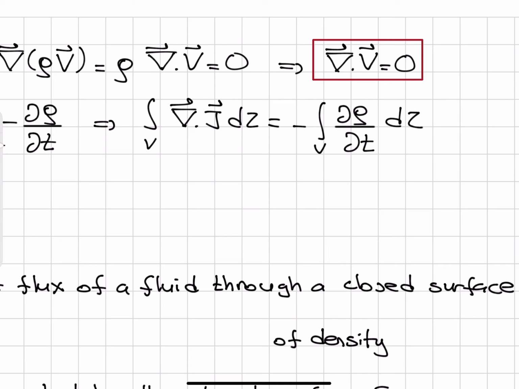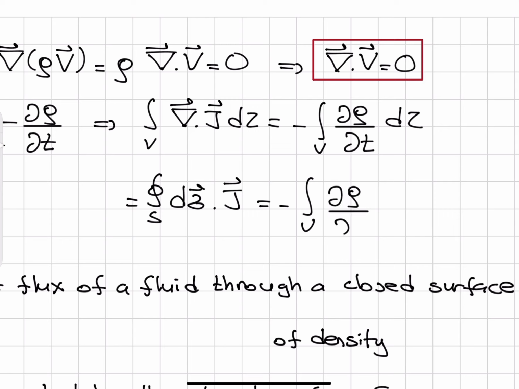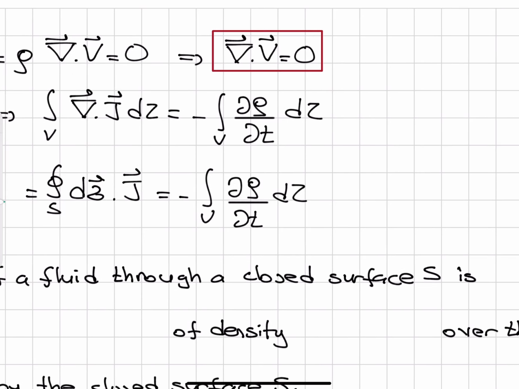According to Gauss theorem, this is the closed surface integral d sigma dot J, which is minus volume integral del rho del T d tau. So this is basically Gauss theorem.